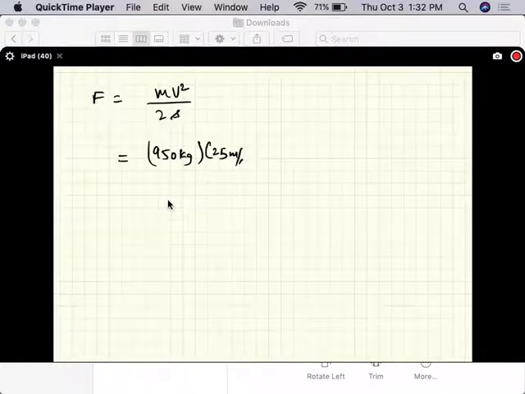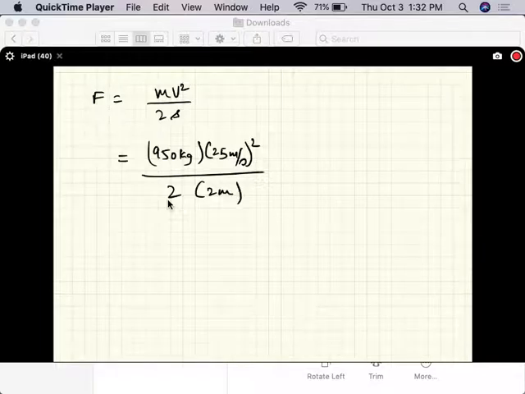25 meters per second, 2 times 2 meters. Okay, so now the force stopping the car is that.